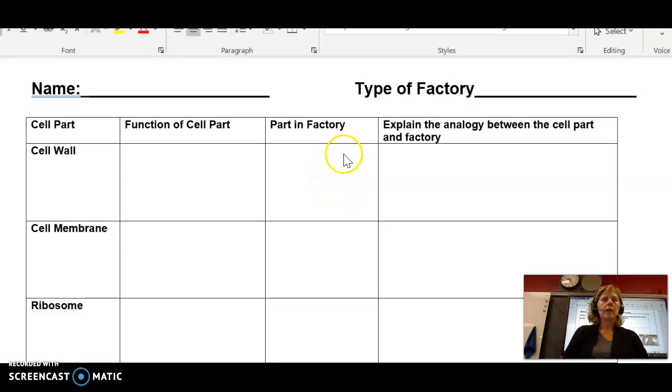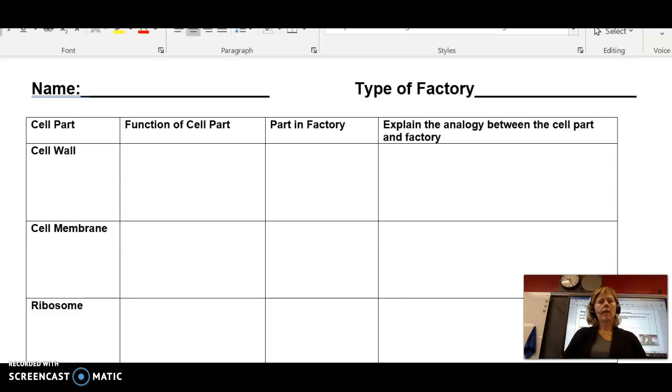The part in the factory, I might say the exterior walls of my house are the part in my factory that I'm comparing to the cell wall. Explain the analogy. It has to make sense. So the analogy is that both provide support. The cell wall provides support to the plant cell. The exterior walls of my house provide support for my home. And so I'm explaining that analogy.